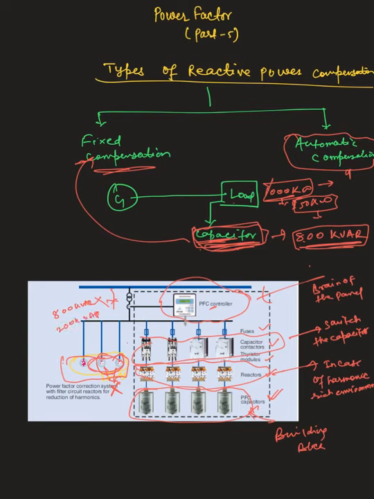The power factor controller will automatically sense that at this bus the total kVAR requirement is only 200 kVAR. Let's say these are all 200, 200, 200, 200, a total of 800 kVAR of capacitor. Once it senses that only 200 kVAR is required, it will switch off 3 of them and only keep this one on.